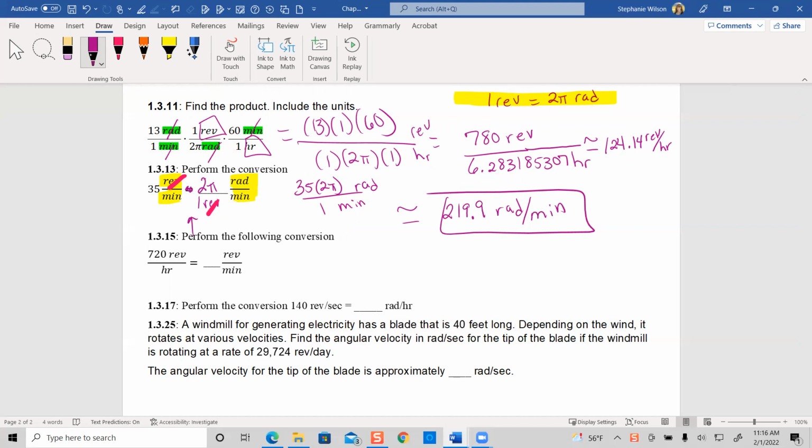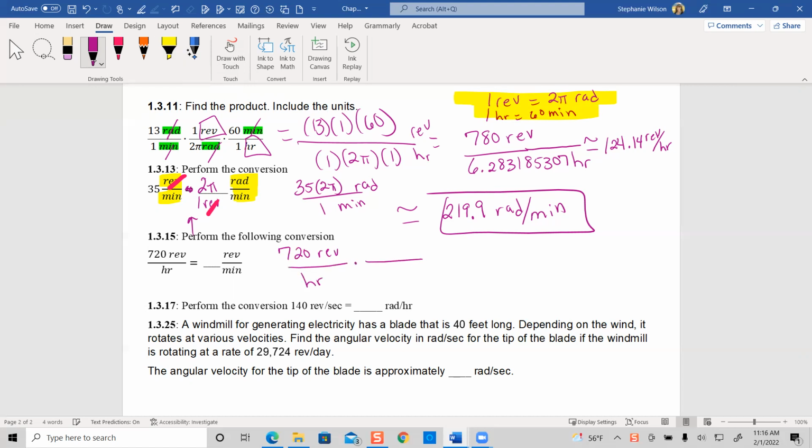The next one says that we have 720 revolutions per hour, and we want to go to revolutions per minute. So here we're not going to do the revolutions per 2 pi radians; we're going to have to do for every 1 hour, 60 minutes, because we have to convert that. That's something else we know. So let's rewrite it: 720 revolutions over 1 hour.